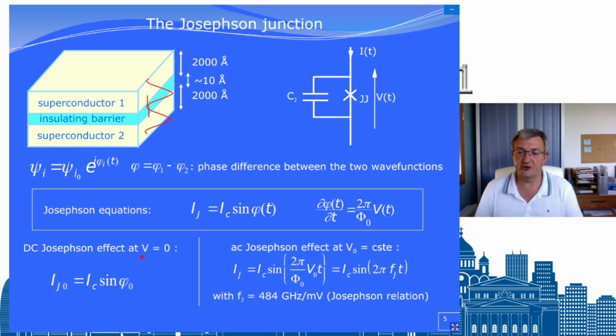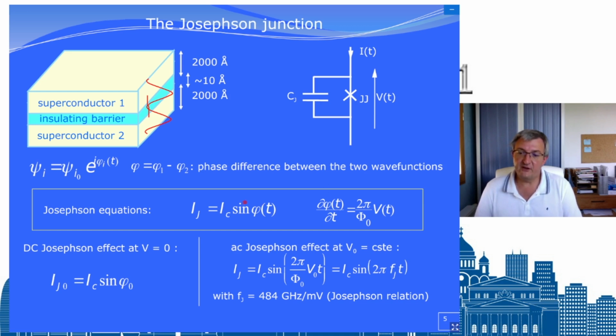It's the main property of superconductors. And another interesting thing here is that if you put a constant voltage, you see that the derivative of the phase is constant, meaning that the phase increases linearly with time. Phi is omega t plus phi naught, right?